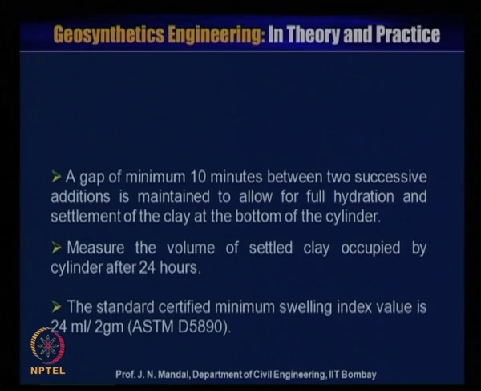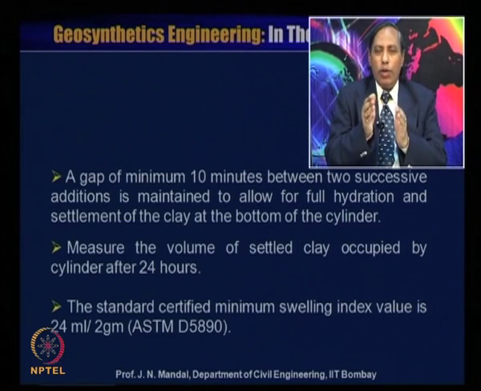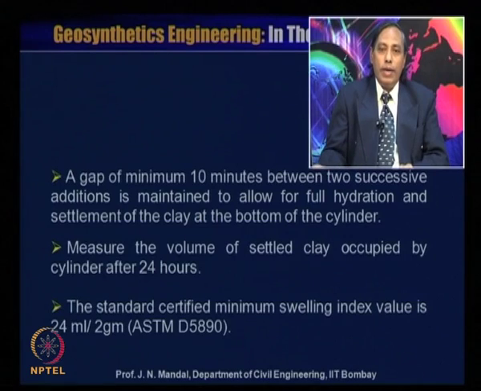Then a gap of minimum 10 minutes between two successive additions is maintained to allow for full hydration and settlement of the clay at the bottom of the cylinder. Then measure the volume of the settled clay after 24 hours. The standard certified minimum swelling index value is 24 ml per 2 gm as per ASTM D5890.